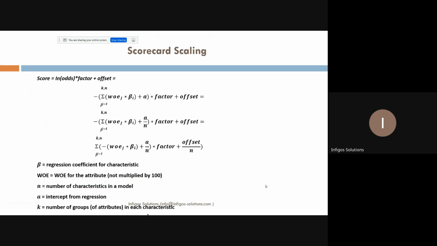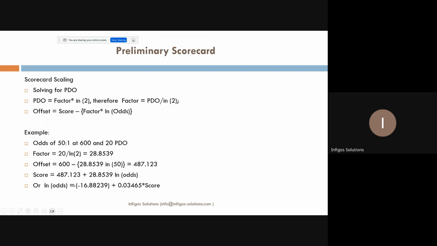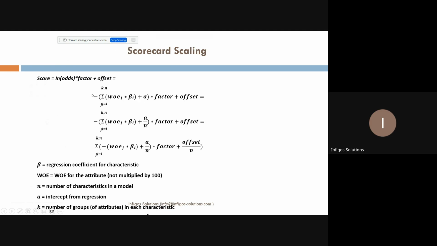So we have this equation. Score is equal to offset plus factor into odds. Same equation you have here, so you are bringing it down to this level. One more thing I wanted to tell you, which I figured out: the initial sign here is positive for low odds, but the sign is negative.